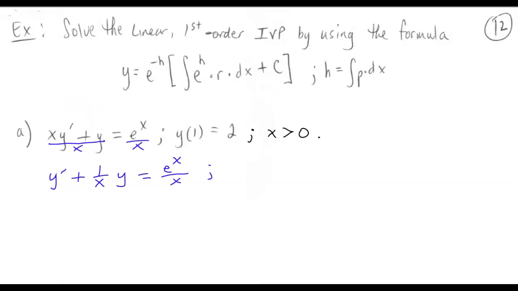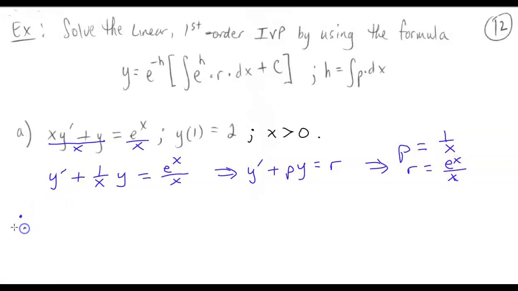All right, so we see that we have this in this form, and this will meet the profile of a first order linear equation. And here, that's the case, so of course our P will be 1 over x, and our R will be e raised to the x divided by x.